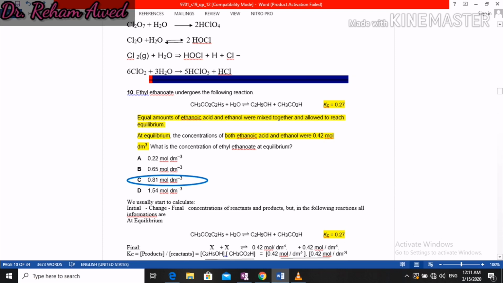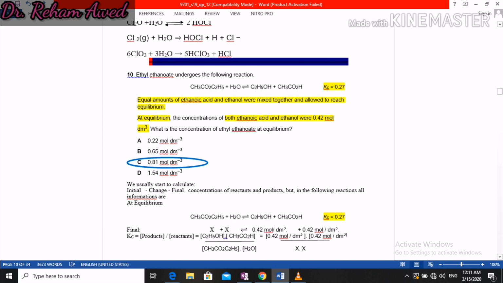We can say that at equilibrium we have the chemical reaction. If we start with x of ethyl ethanoate plus x of water, they will form a concentration of 0.42 mole per decimeter cubed of ethanol plus 0.42 mole per decimeter cubed of ethanoic acid. Equilibrium constant Kc equals concentration of products over concentration of reactants.